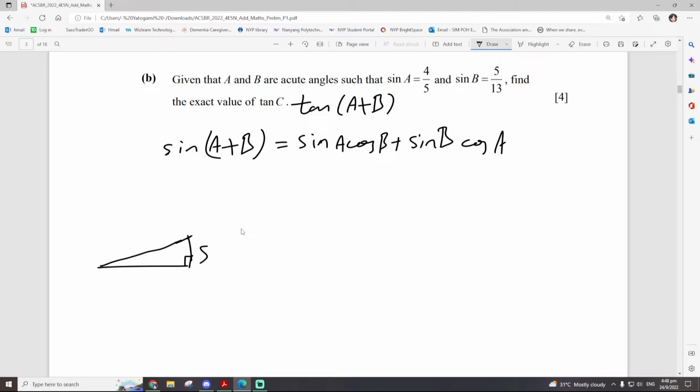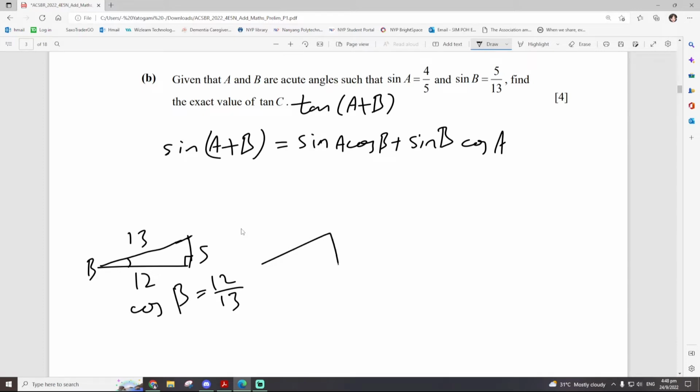This is 5, this is 13, and Pythagoras will tell you that this is 12. So sine B is 5/13, so that's opposite over hypotenuse, which is this one. So this is B. So cosine B is 12/13, because A and B are acute, so everything will be positive.